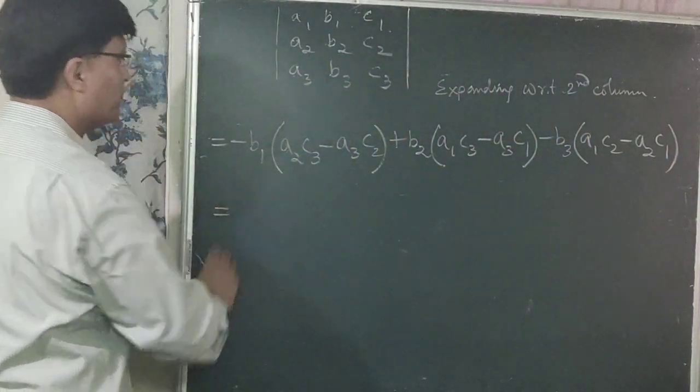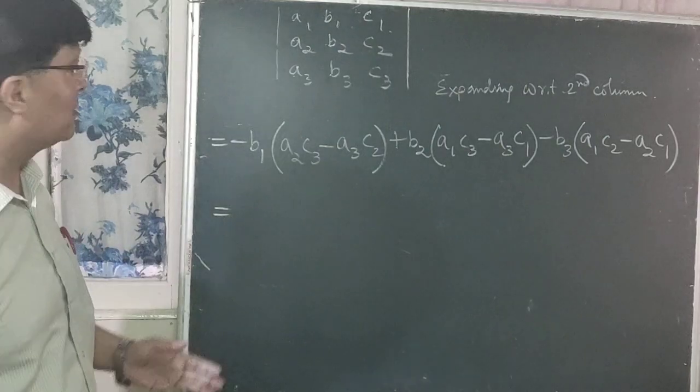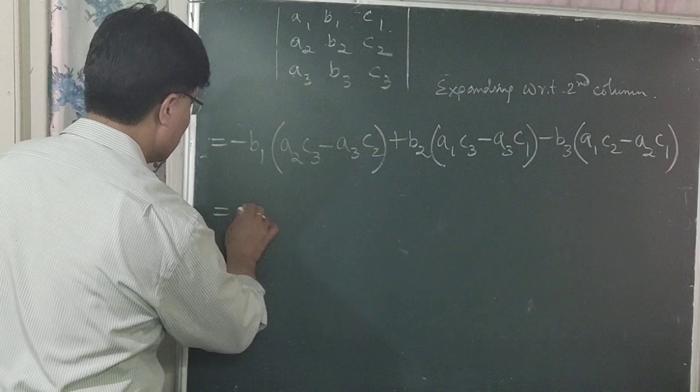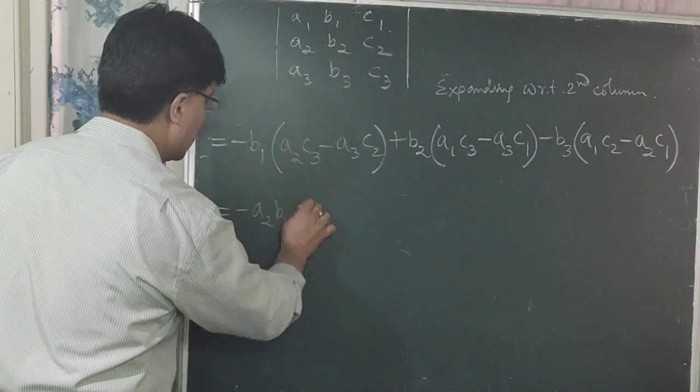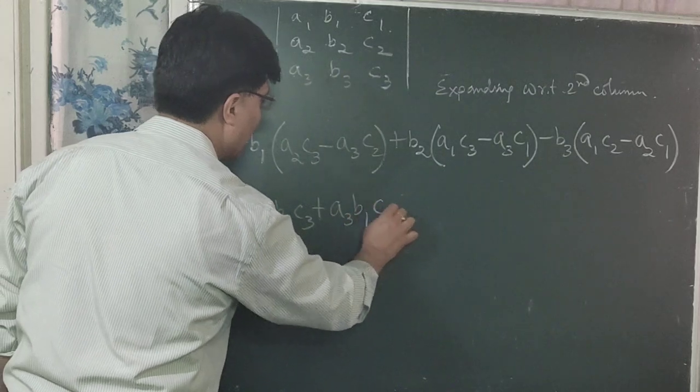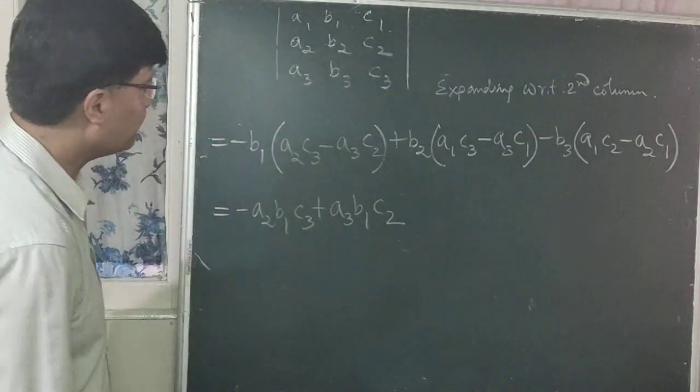So which is equal to, now we have to expand it. So multiply them. Minus B1 is there. Minus A2 B1 C3 minus minus plus A3 B1 C2. Okay?